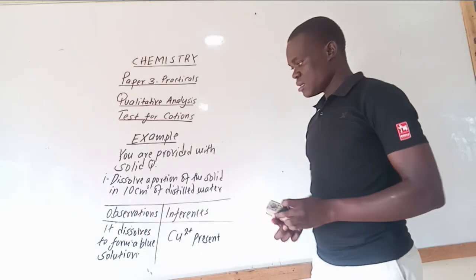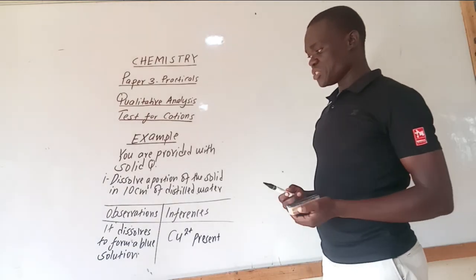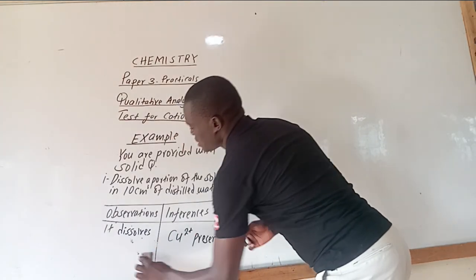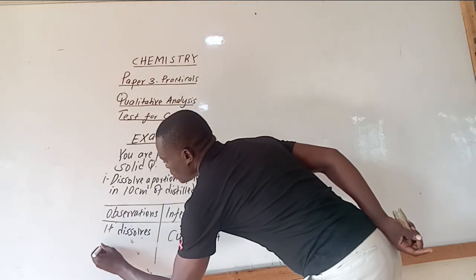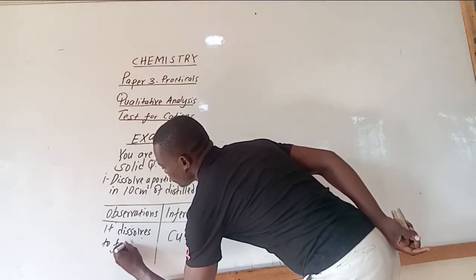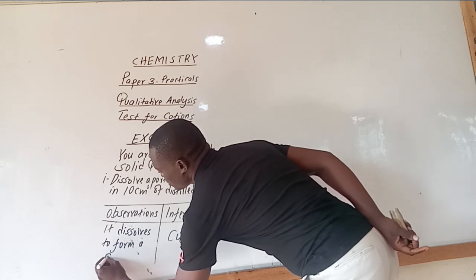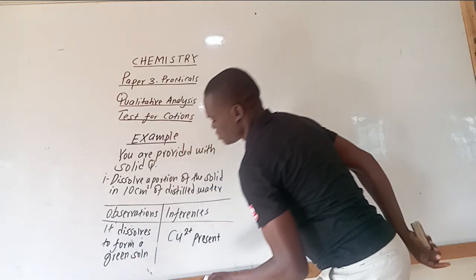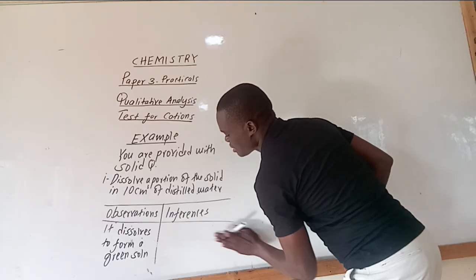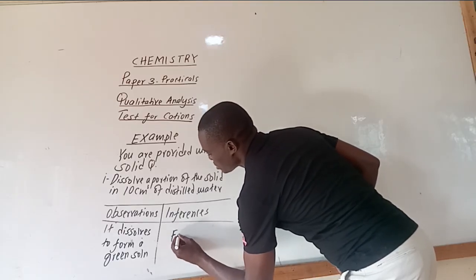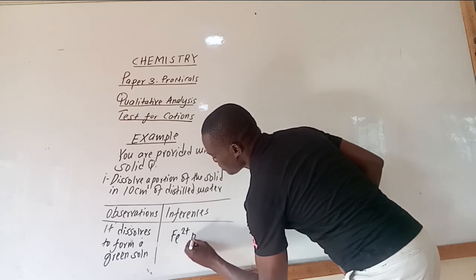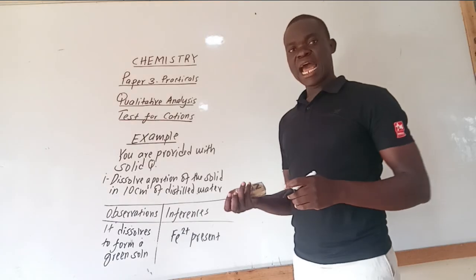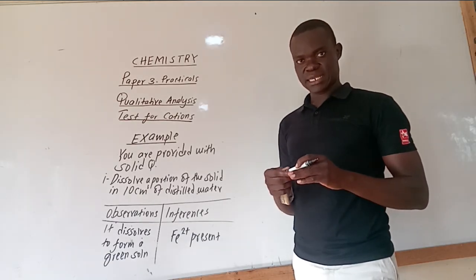And if the observation is that it dissolves to form a green solution, then our inference will be iron 2 ion present.